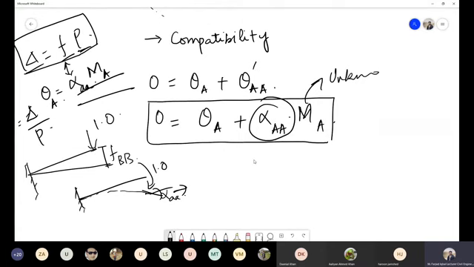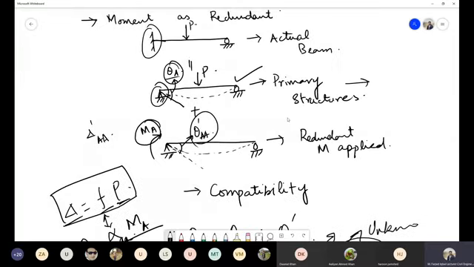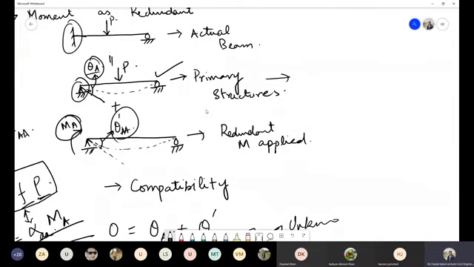So we will apply the unit load, calculate this deflection, and this deflection will be equal to our flexibility. And once you have this rotation, this flexibility, you can use this equation to find out this moment MA. Now once you have this moment MA, what will be your beam? It will be something like this one.